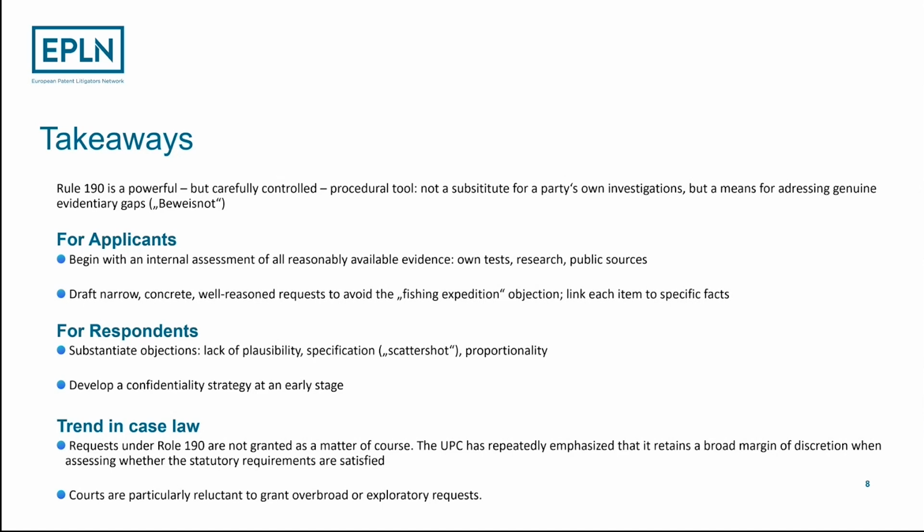The court, both at first instance as well as on appellate level, has emphasized that it has a wide margin of discretion when it comes to the statutory requirements of Rule 190, which means these are always case-by-case decisions, and it's not a given that just because the court said in one case that it was proportionate, for instance, it must be proportionate in the other case. It always depends on the parties' financial means, and so on.